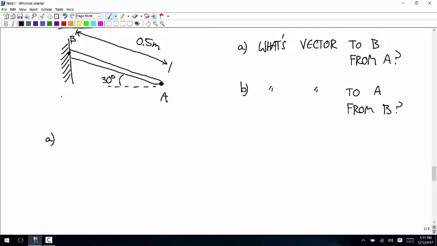So for the first one, we want this vector. We know this angle is 30 degrees.